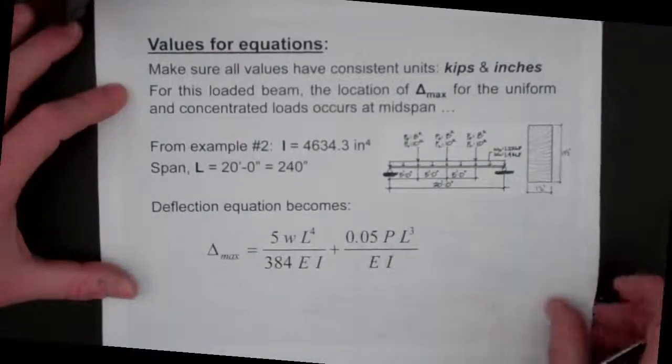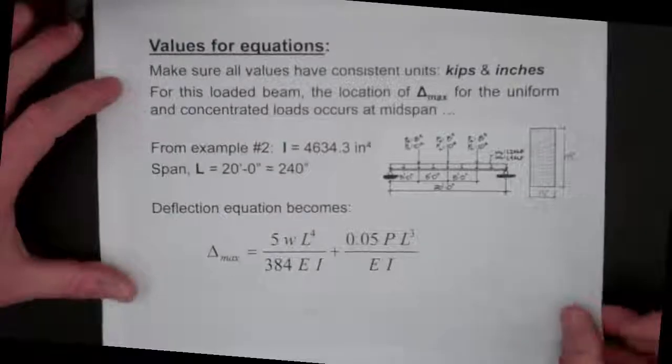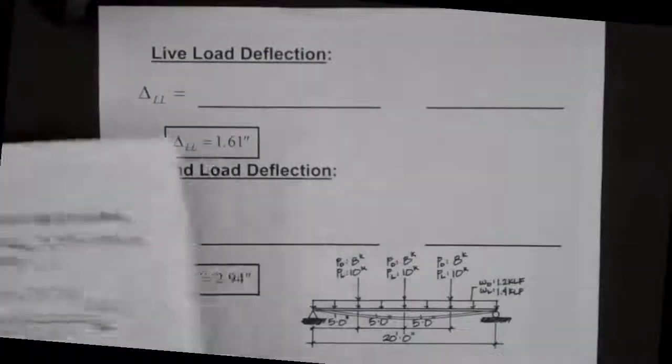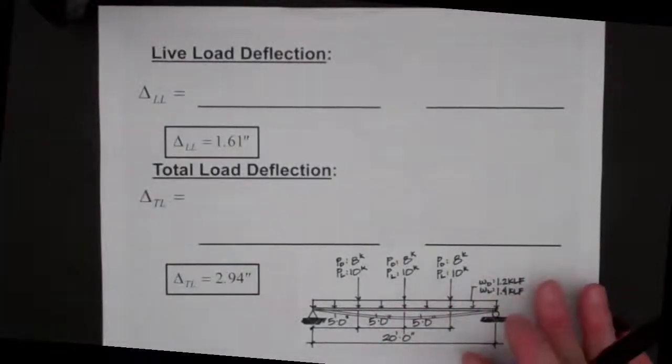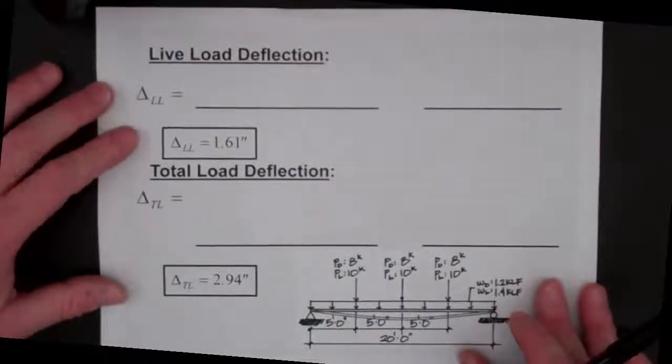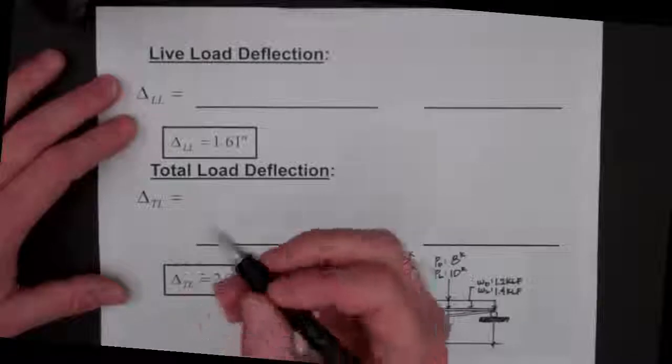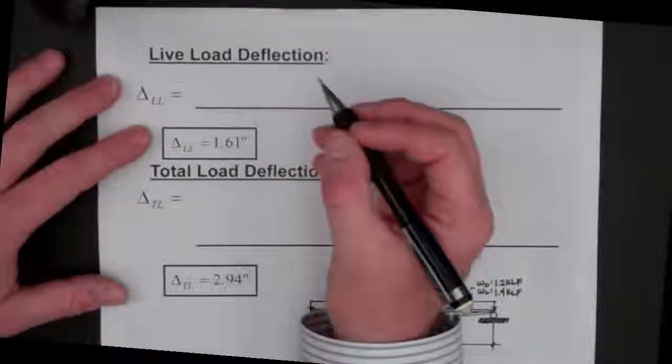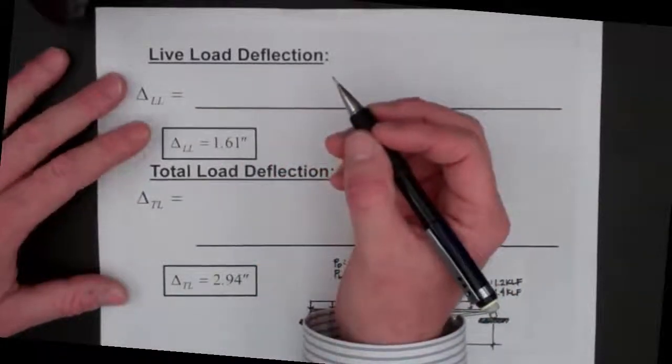Now we're going to do both the live load deflection and the total load deflection. So the live load deflection will be our 5 times our W, which is going to be just our live load, so 1.4 kips per foot.